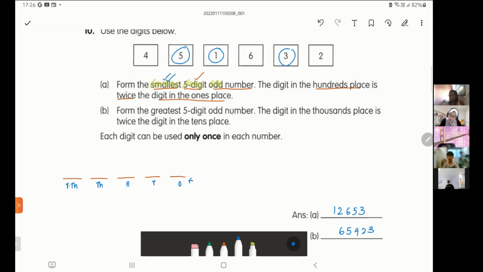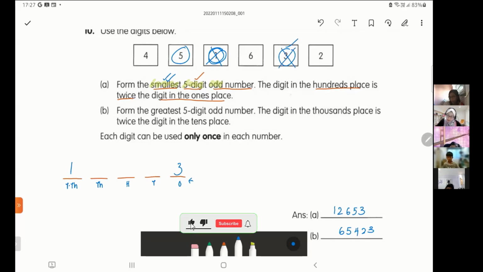It is my option number or digit number 1. So I put here 1, because 1 is the smallest. To have the smallest number, the 10,000 must be the smallest. Okay, so it's out. Next, between 3 and 5, which one do I use to make it the smallest? The 3. Okay, so it's out like that.